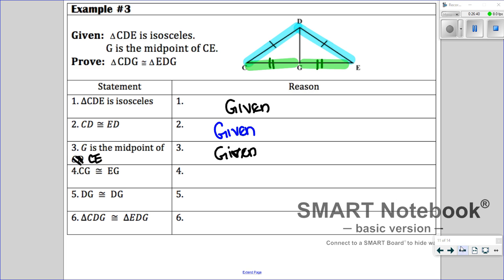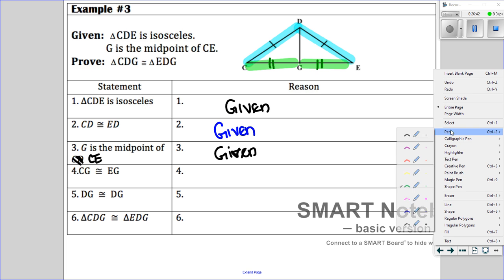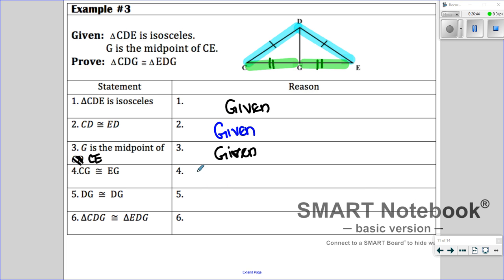And the reason why those two are congruent to each other is because of the definition of midpoint. They gave us that before. They said that G is the midpoint. So when you have a midpoint, it creates 2 congruent segments. So that's why CG is congruent to EG, because of the definition of midpoint.